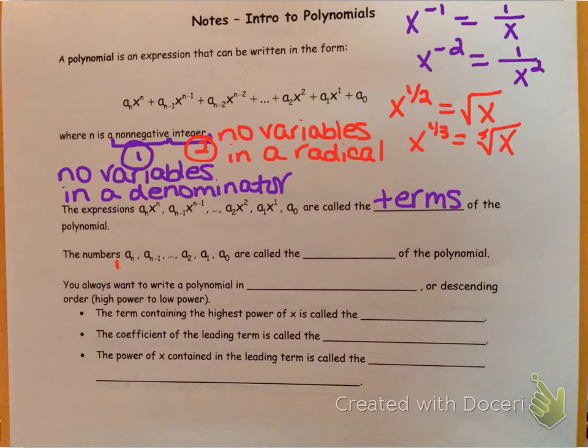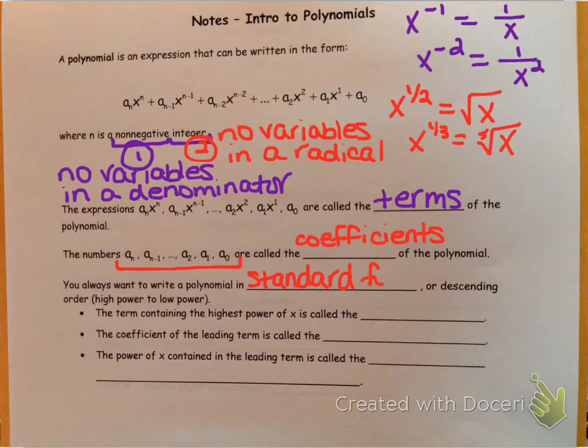Okay, so I've already talked about these right here. These are the guys attached to the front of each of the terms, so they're called the coefficients. And you always want to write your polynomials in standard form.